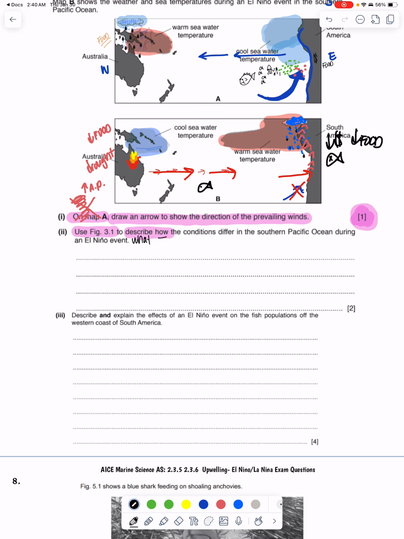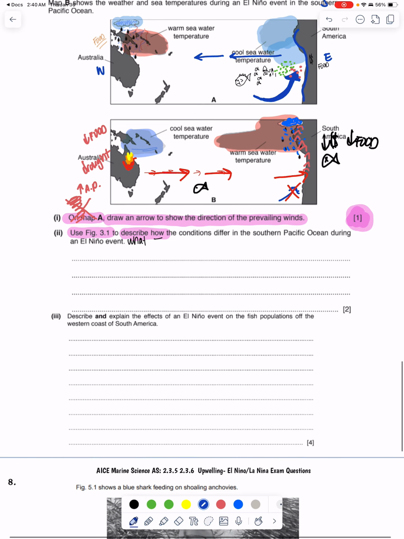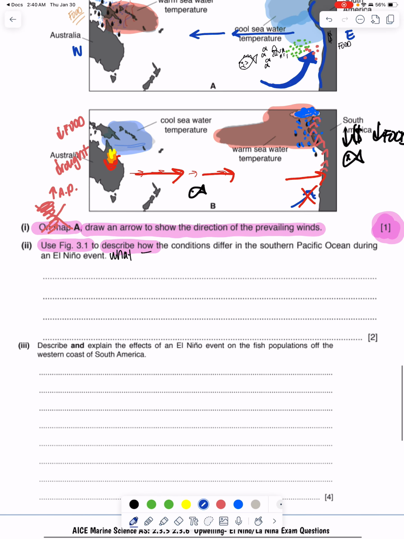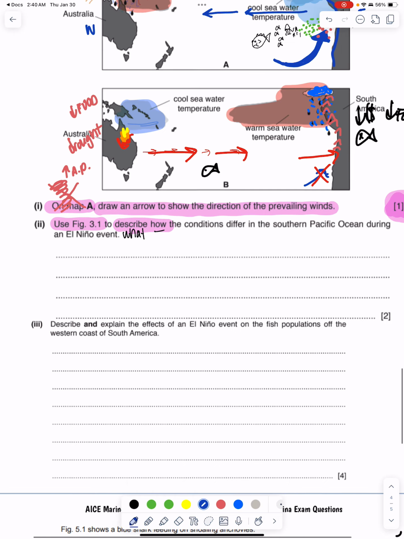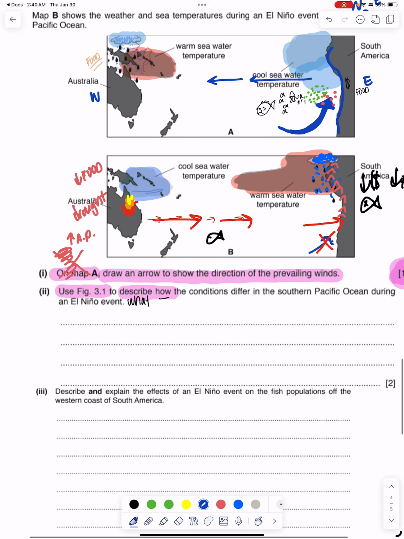The conditions will be different in the Pacific Ocean during an El Niño event. So they want to talk about picture B. This question's only 2 marks compared to the one that was given last year. And they want us to look at this picture, this one mainly here. So talking about the temperature inequity there.